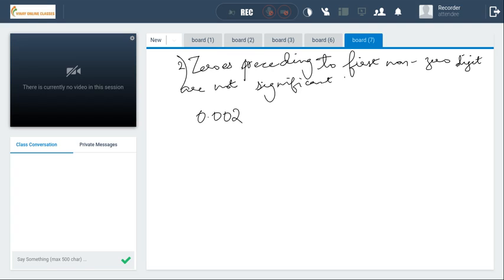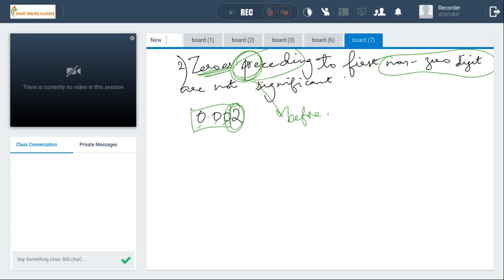Which is the first non-zero digit? 2. What is the meaning of preceding? It comes before. So zeros preceding the first non-zero digit are not significant. The first non-zero digit is 2 and the zeros preceding it are 3. So we are not going to count these 3 zeros. So the number of significant figures in 0.002 is 1.